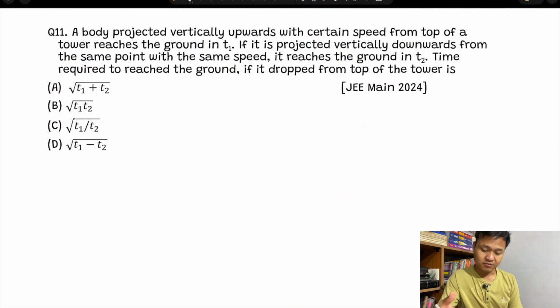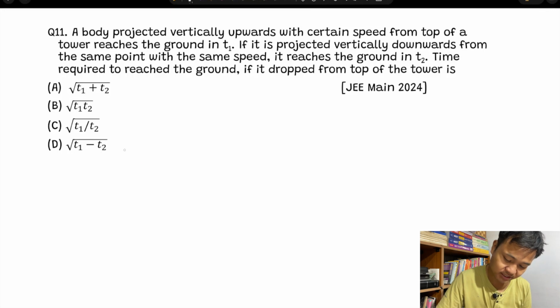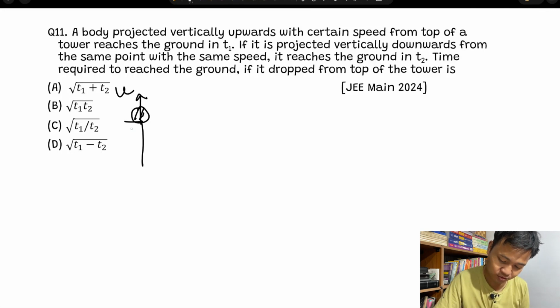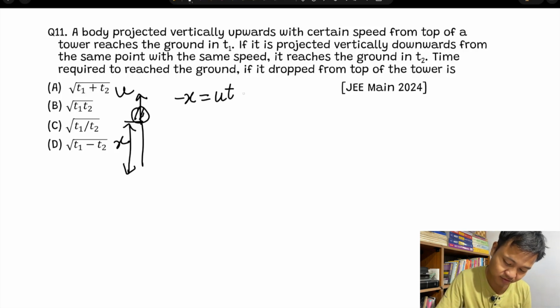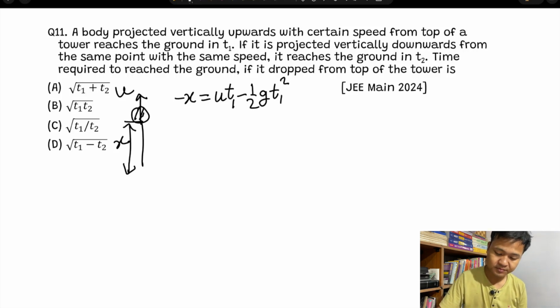So you have one question from JEE Mains. Here let's write the first condition. The ball is projected upwards. Let's say the height is x. The equation is minus x equals u t1, where u is upward so positive, minus half g t1 square.